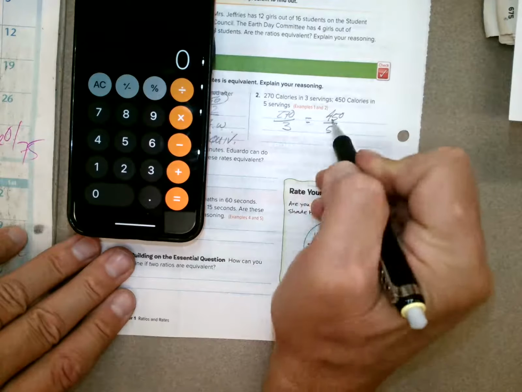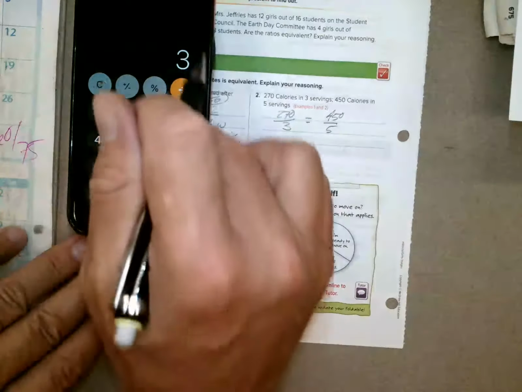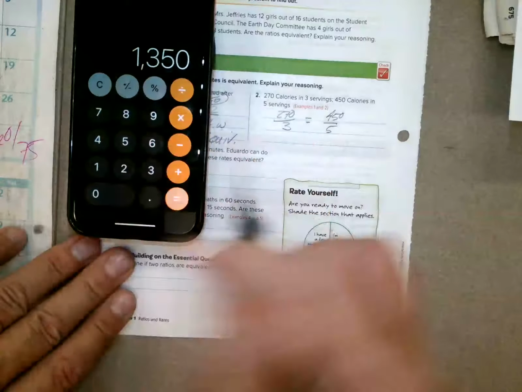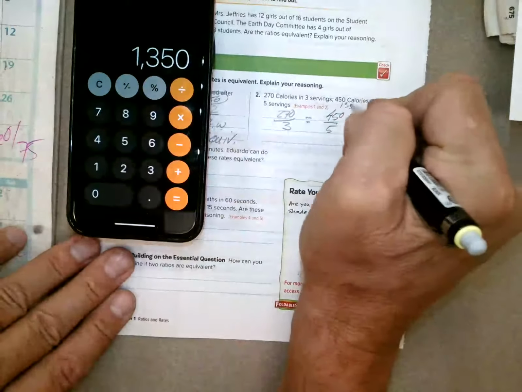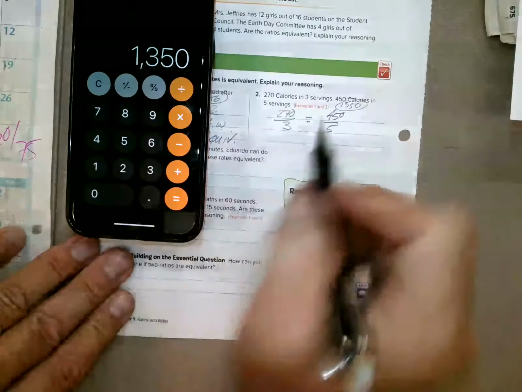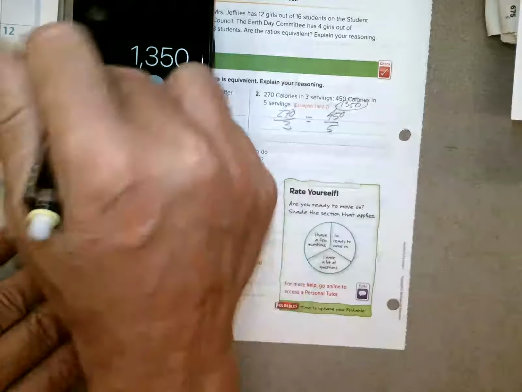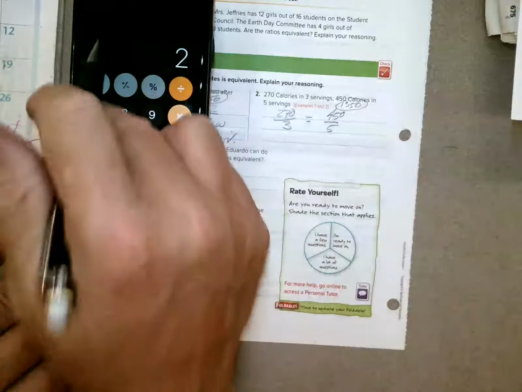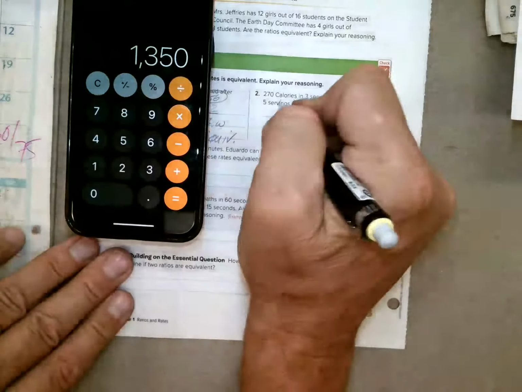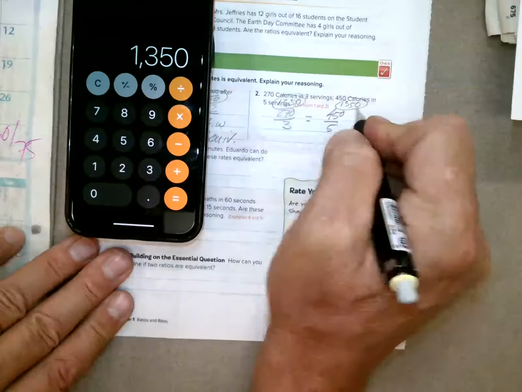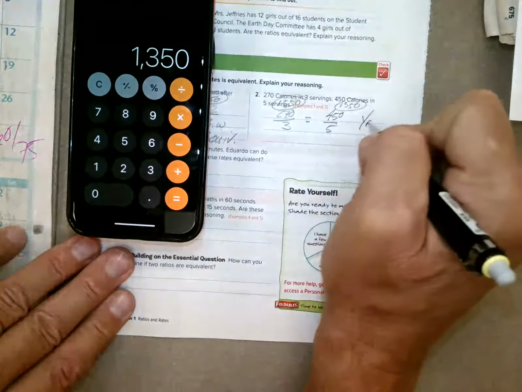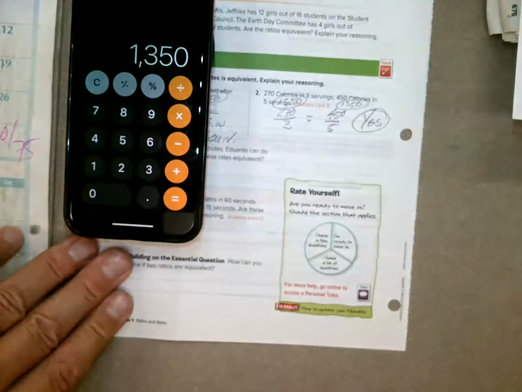So 3 times 450 is 1350. And 5 times 270 is 1350. Since those are equal, the answer is yes, they are equivalent.